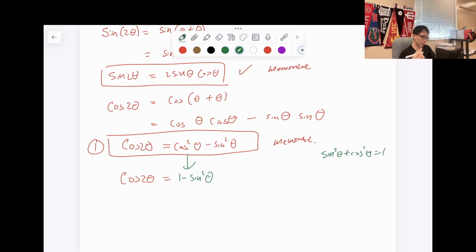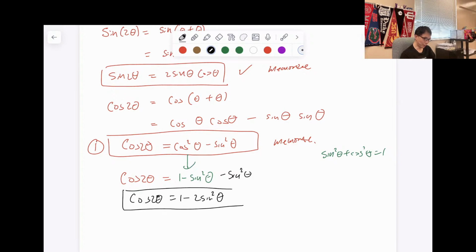So 1 minus sine squared equals cosine squared. Is that okay? Minus sine squared theta, so that's equal to 1 minus 2 sine squared theta. And that becomes the second identity. I didn't memorize this, I understand it.